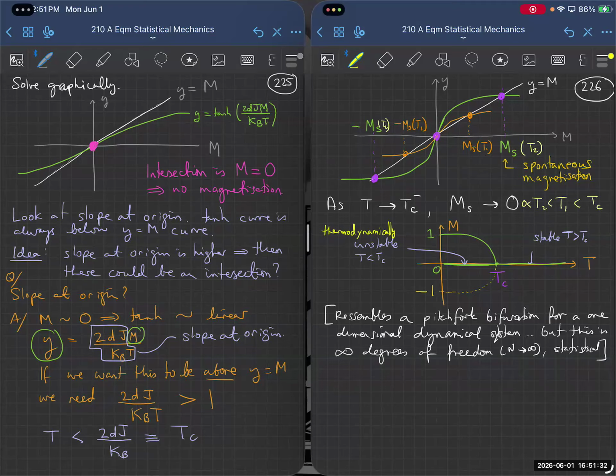I might give you a homework. No, I won't give you a homework. I might give you an exam problem. No, I don't know. I'll talk a little bit about this right now. But anyway, how you compute that instability is from a thing called a susceptibility. Okay. Any other comments about this so far?